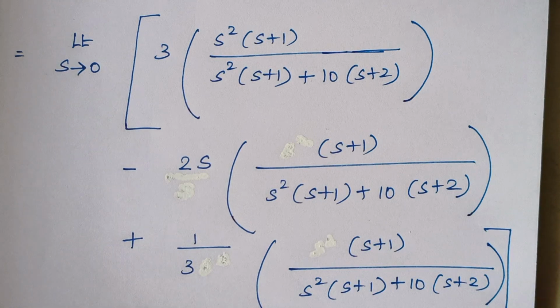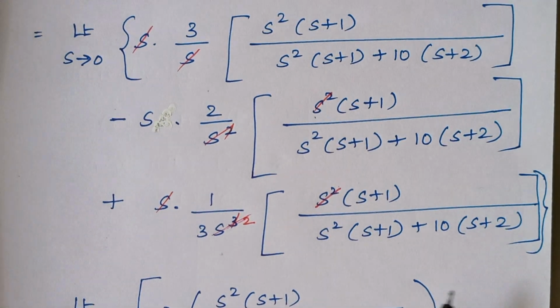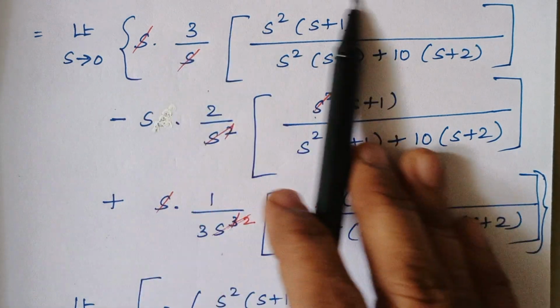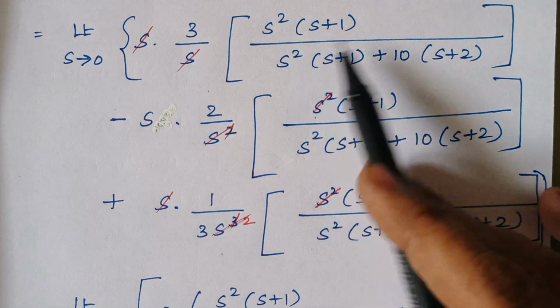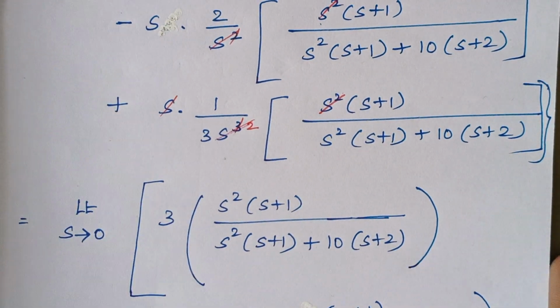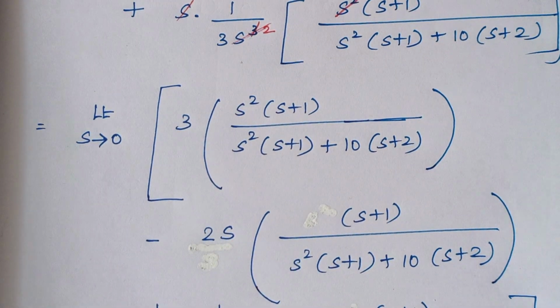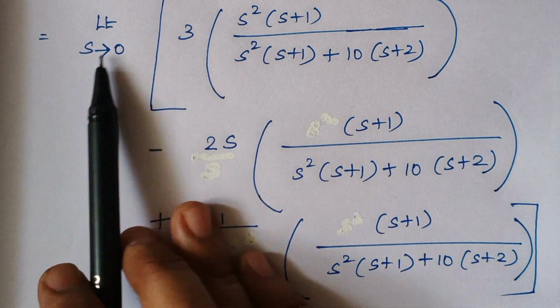After cancelling, this s and s cancel each other, so the first term gets reduced to 3 into this term, which is the expression I have written here. Similarly for the second term and the third term. After writing this expression, our next step is to substitute the value of s as 0.